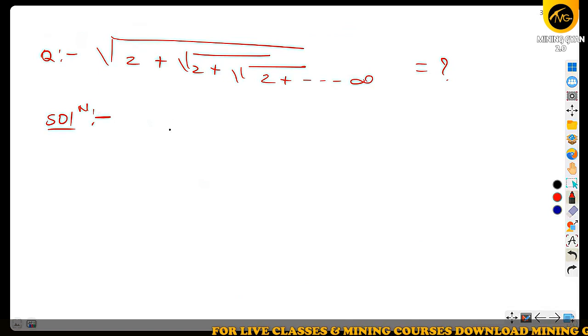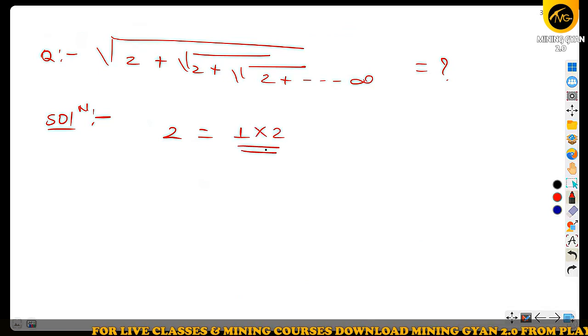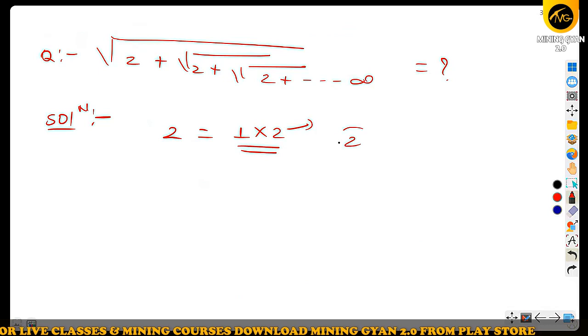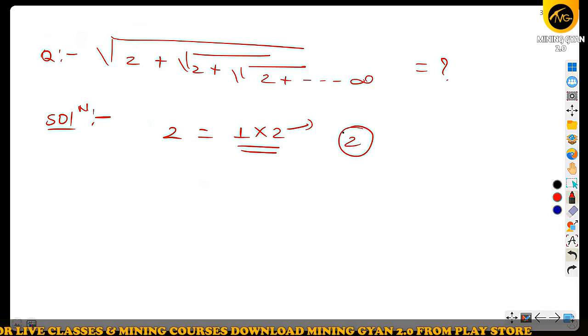In this case we have to break down 2 into its factors. So the factors are 1 into 2, right? Now what is the answer? There is the plus sign, that means we have to use the bigger number, that is the 2. So the answer will be 2, not 1, right? If there is the positive sign, we have to use the bigger number.